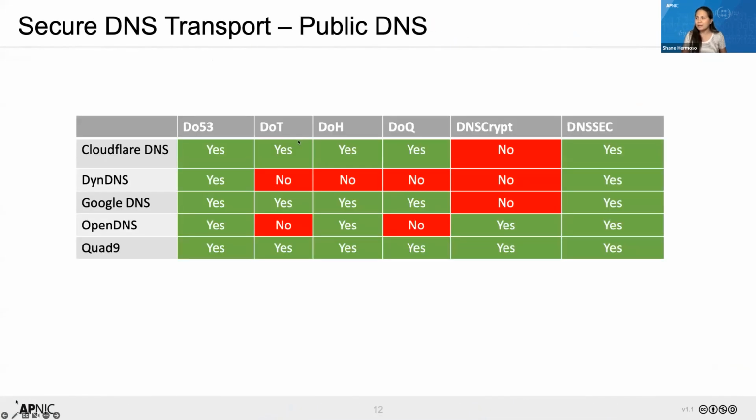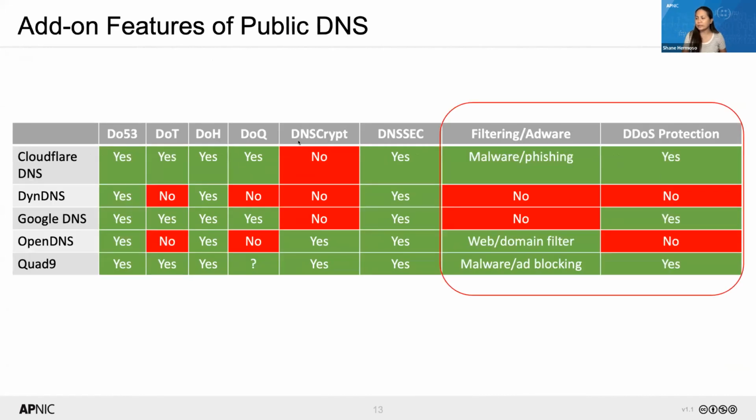All right. So this is kind of based on those things as well. So I'll just leave that out. And then the other add-on feature that I wanted to mention is filtering and DDoS protection. So again, more and more public DNS providers are providing support for this. The question is, if you are operating a DNS recursive server, how would you also implement something similar?